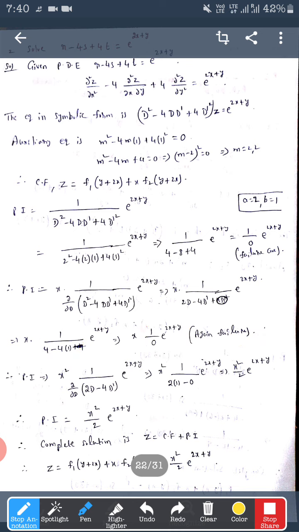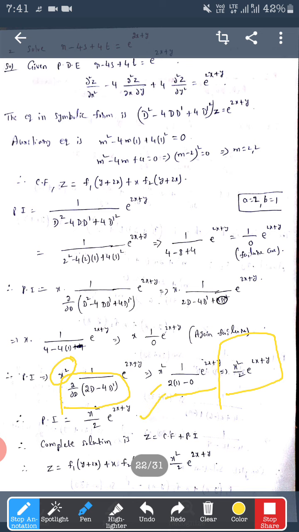And so we repeat the same procedure. After writing another x here, this becomes x square into 1 by dou by dou D of 2D minus 4D dash. So x square into 1 by 2 into 1 minus 0. So this changes into the form x square by 2 into e power of 2x plus y.